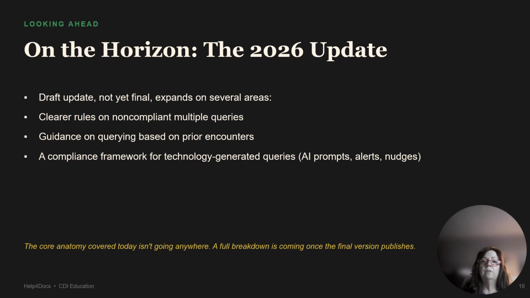So that last one covers prompts, alerts, and nudges generated by AI-assisted documentation tools. And this is increasingly common in EHRs. Whether you feel it's good or bad, it's there, it's coming, and it's important that we have these checks and balances. So the core anatomy of a query that we covered today isn't going anywhere, but in the future, I'm going to bring you a full breakdown once the final version is published.